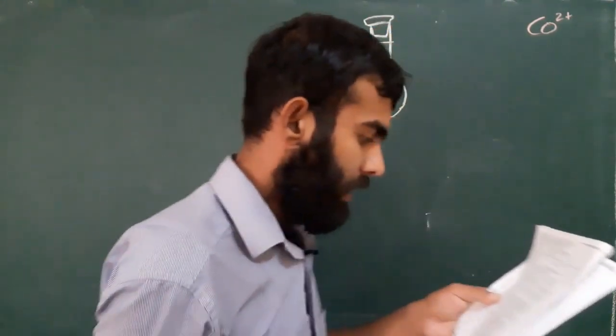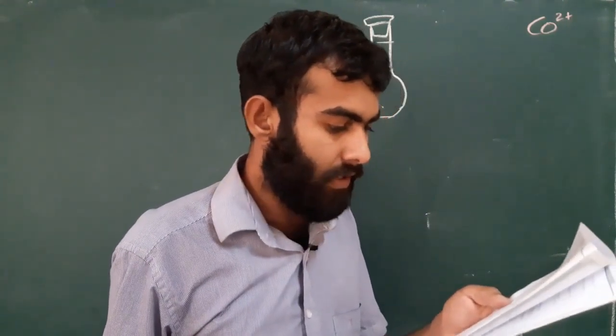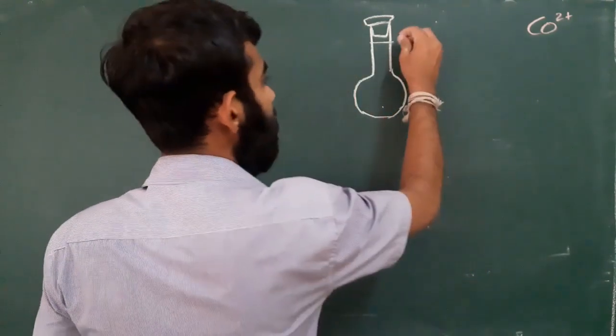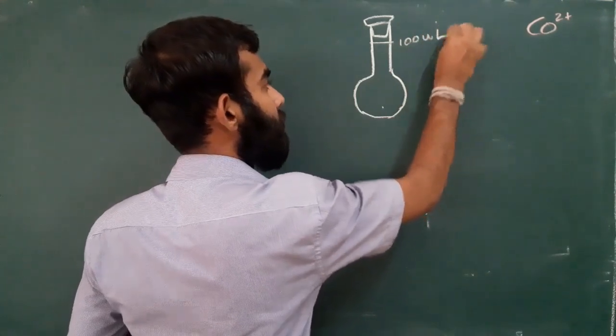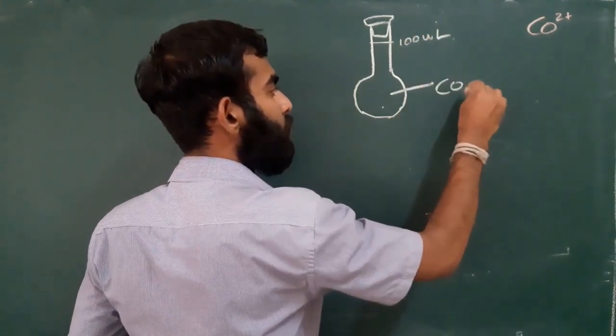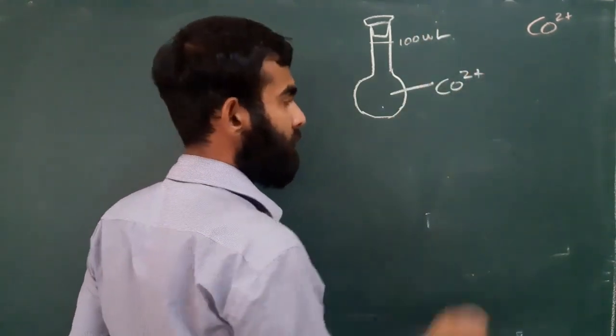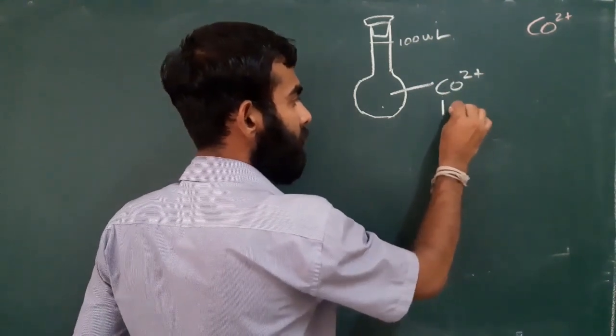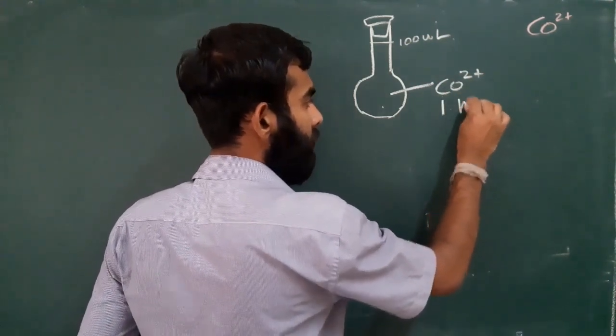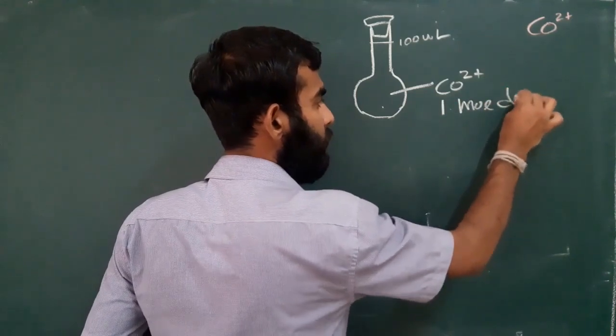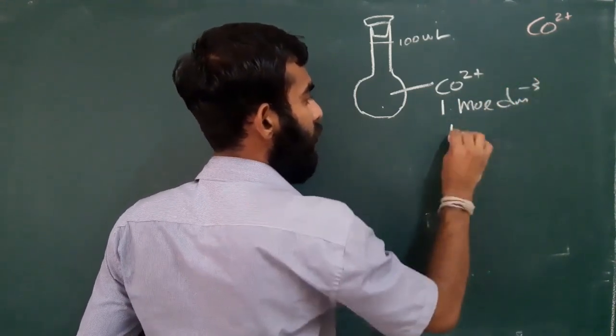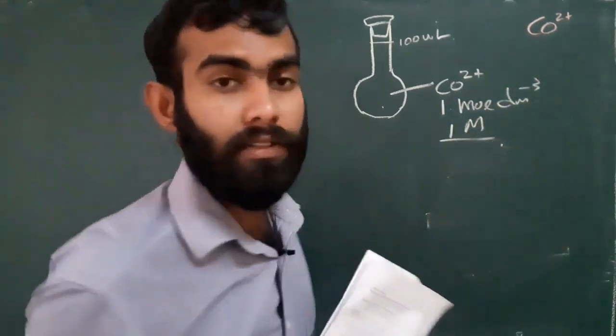It may be 100 ml, I guess, it doesn't matter. The Co2 plus cobalt solution concentration is 1 M, which means 1 mole per cubic decimeter. This is our stock solution.